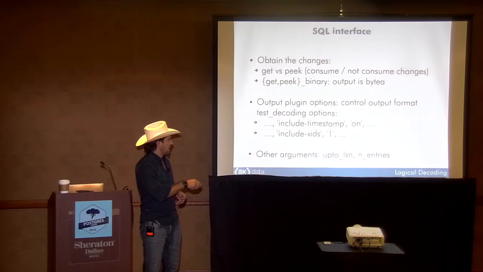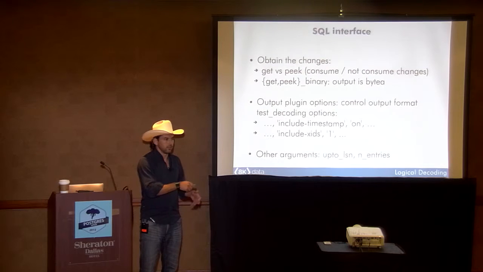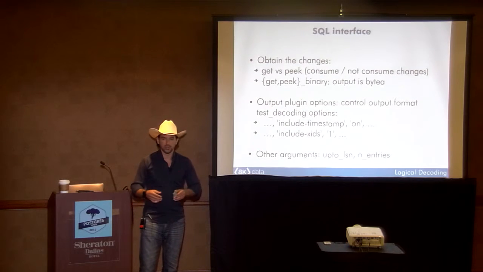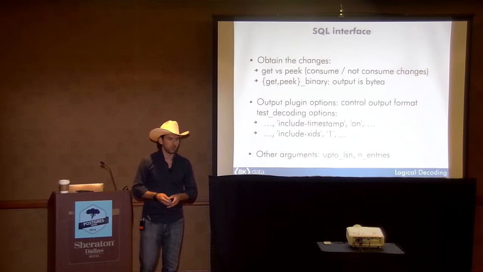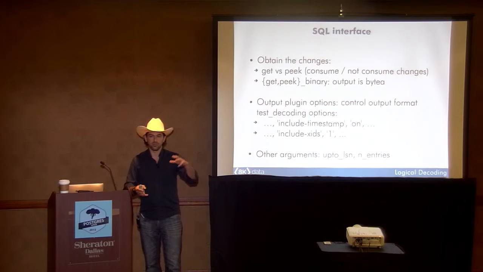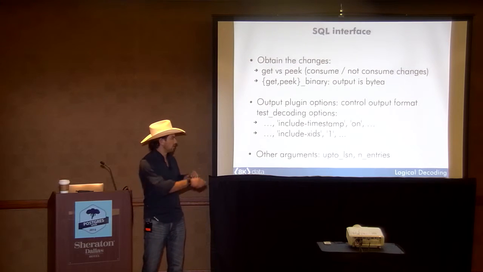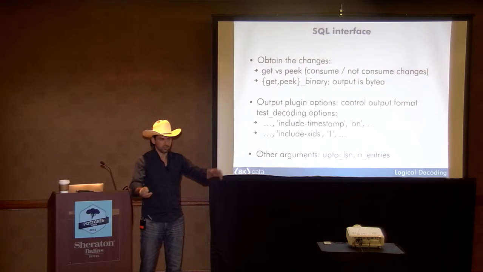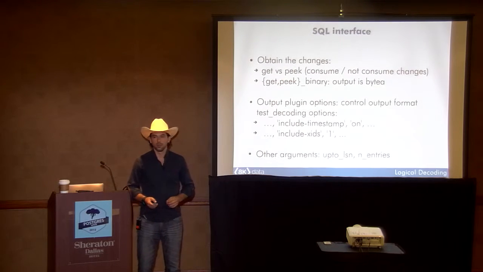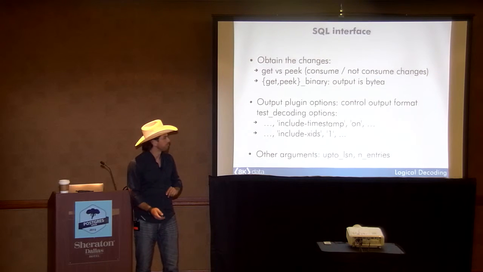But basically, you can say up to this number, and you'll get decoded up to that transaction. And for number of entries, you'll get up to that number of entries. However, neither of these are very precise because this cannot cross the transaction boundary. So you'll get full transactions decoded anyway. Even if you say 10 entries, if there is a transaction with 15 entries, you'll get 15. So it's not very precise. You cannot cut a transaction. That's up to your application if you want to do so.